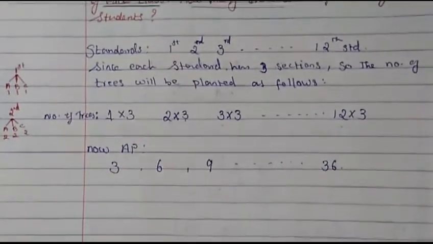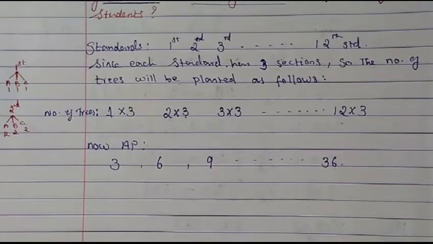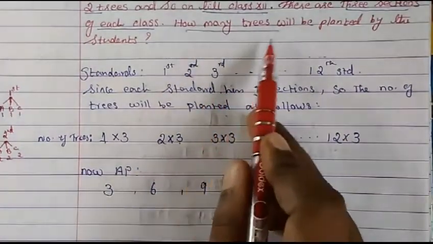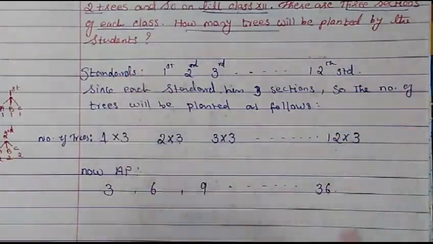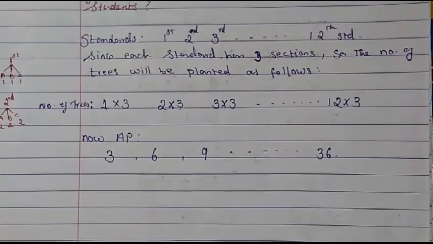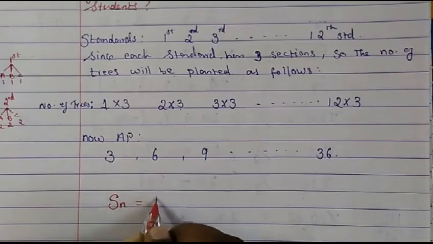So now what is the information we have from the AP? Since the question is how many trees will be planted by the students, that means total number of trees. So we can use the formula S_N, because this is for the sum of the number of terms.